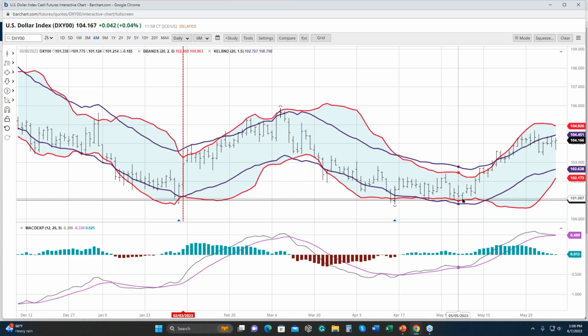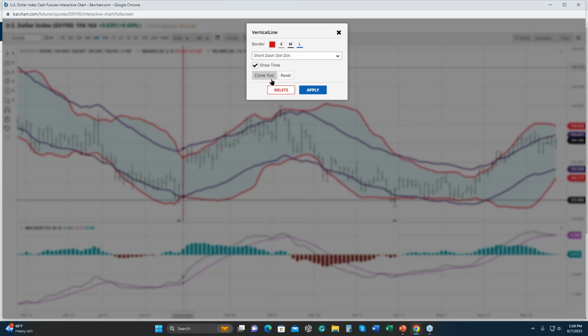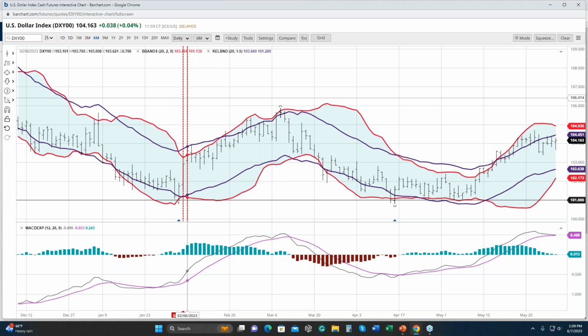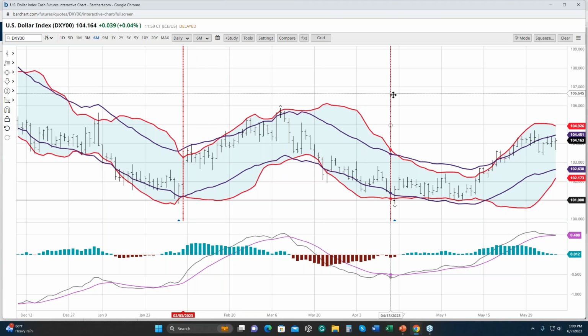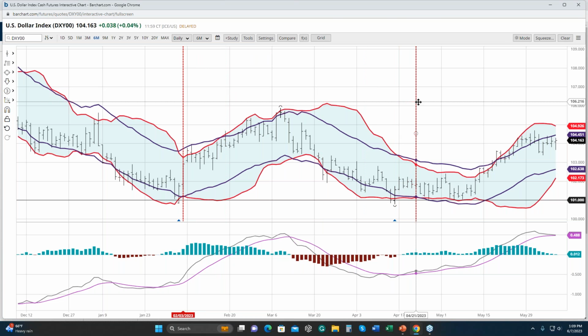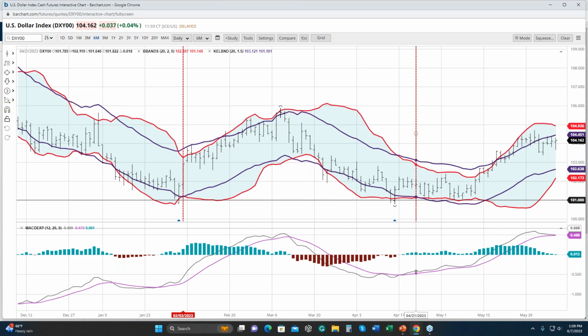That coiling action. So somewhere around in here, it looks like we had that squeeze go on. Let's draw a line right up. Looks like right about there is where both bands go inside of the Keltner channels.